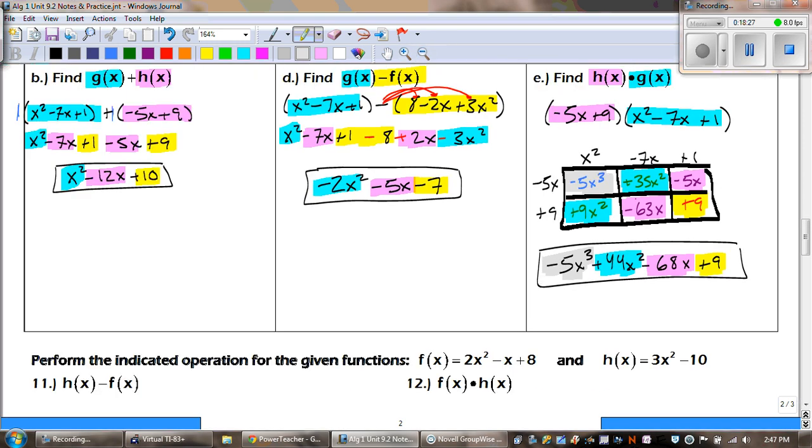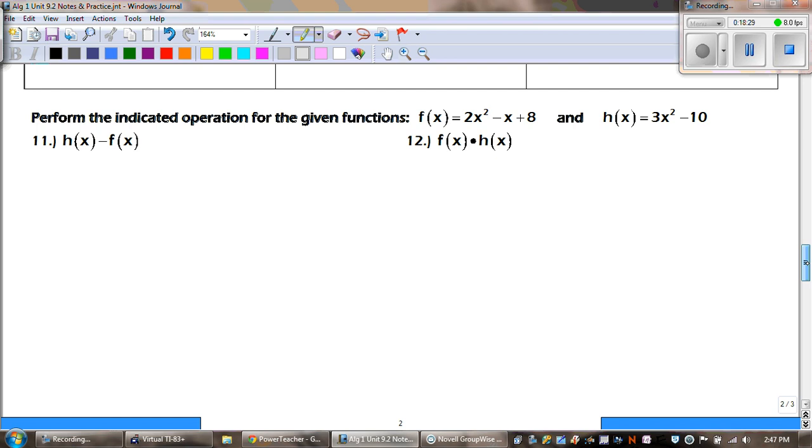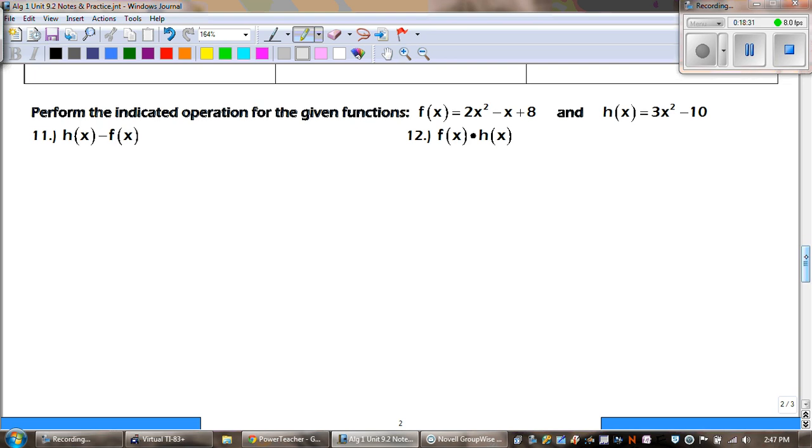All right, so let's see what this is asking us to do. So perform the indicated operation for the given functions. Okay, so we have f of x, and then we have h of x. So the first one says to take h of x and subtract it to f of x.